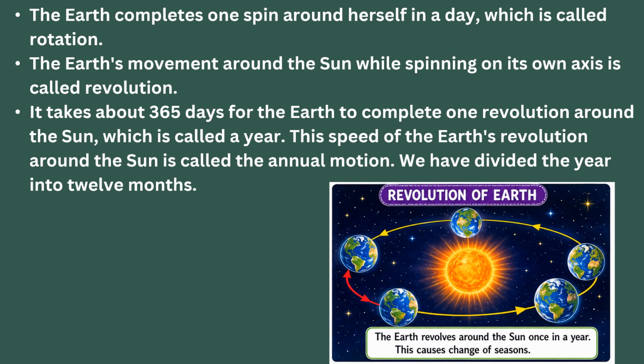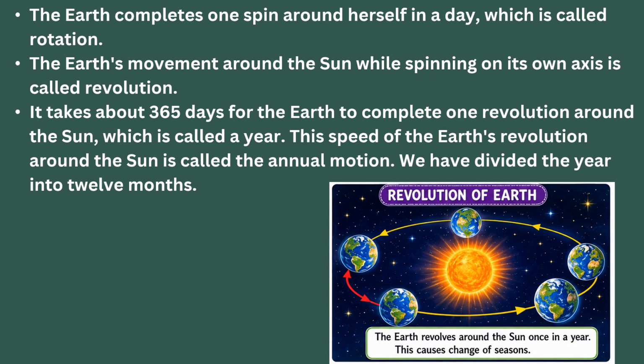Now students, in this particular thing, they have told that Earth completes one spin, like if you see a top or a ball, if you spin it round, when the Earth completes one spin around itself in a day, that is called rotation.